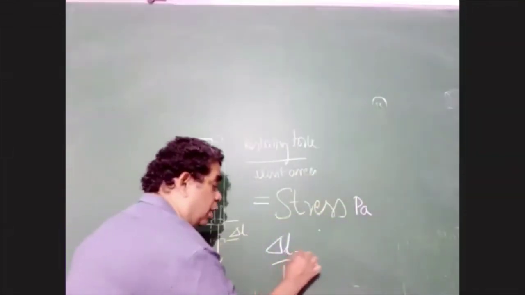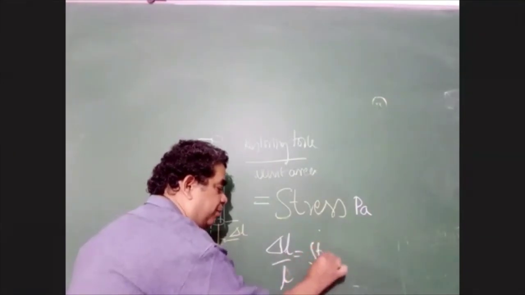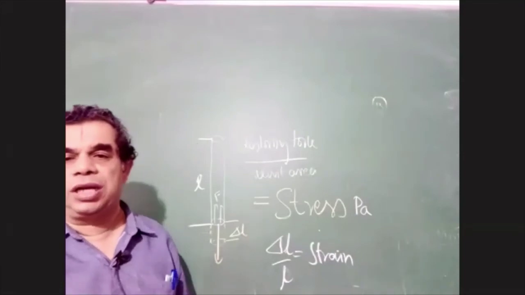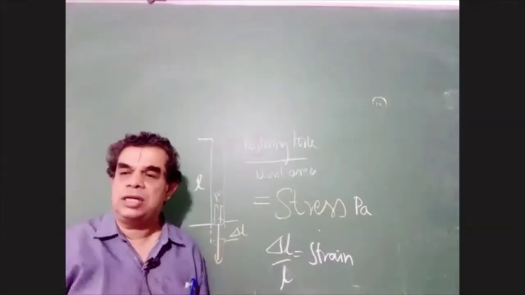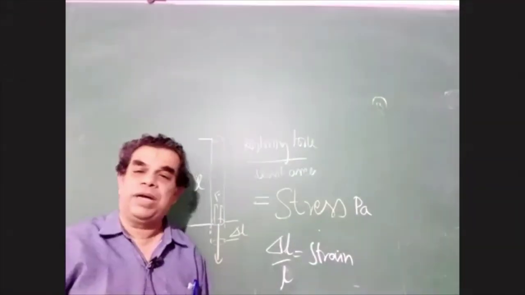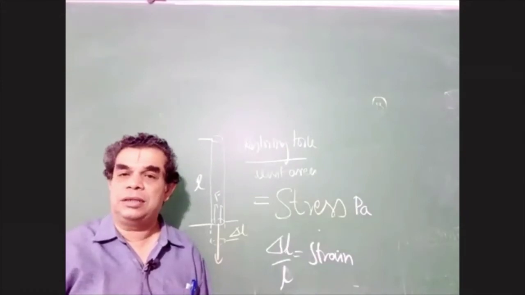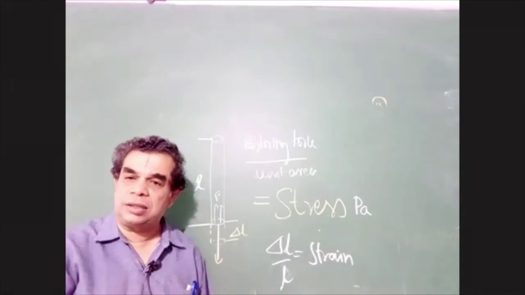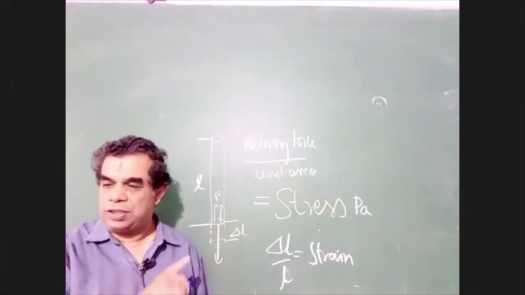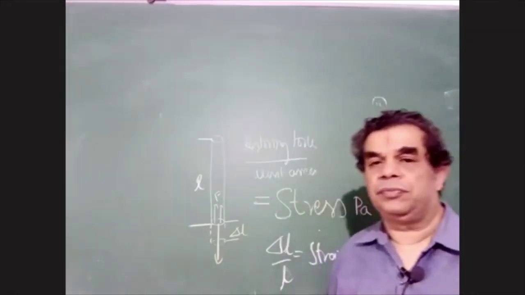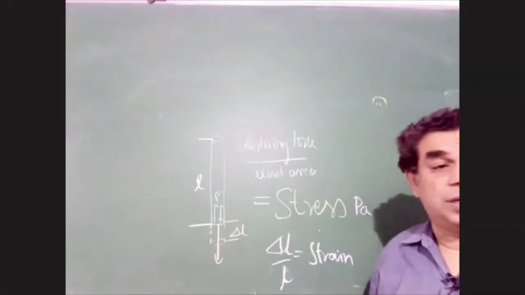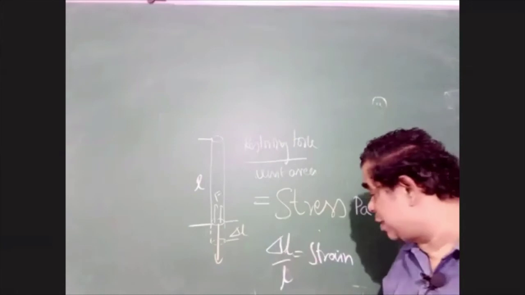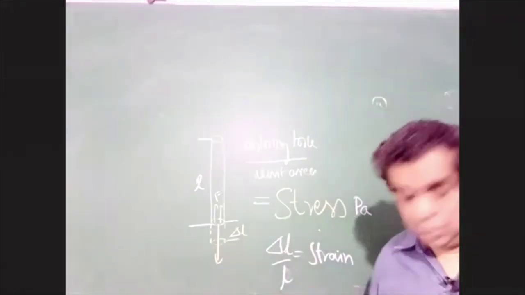It is called strain. Strictly speaking, we have to call it longitudinal strain, which we think of later on, but strain means change in length by original length. What is the unit for this strain? There's no unit at all, because this is measured in meter and this is also measured in meter. No dimension, no unit. Strain.